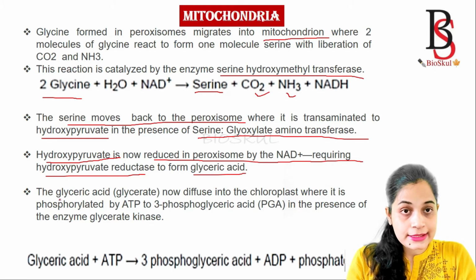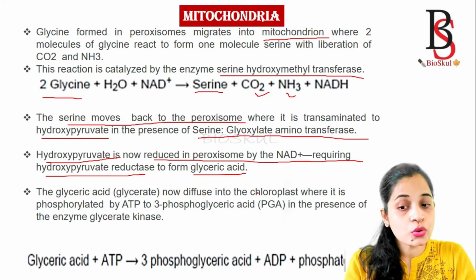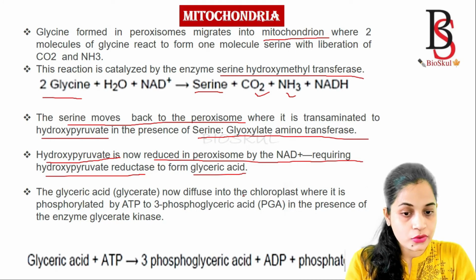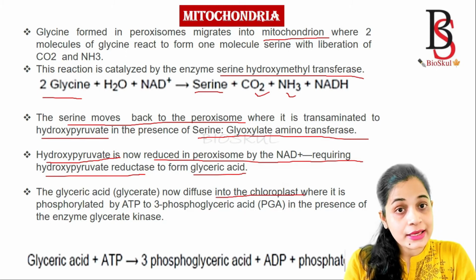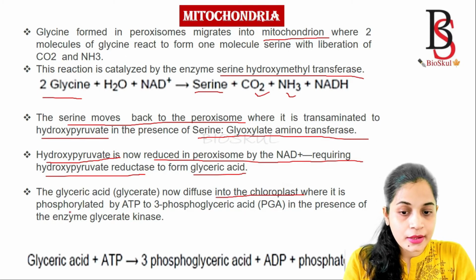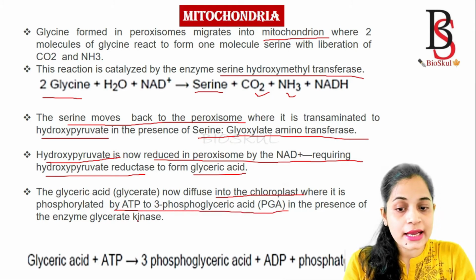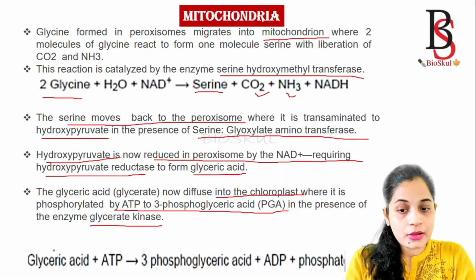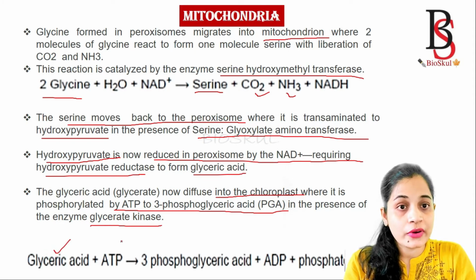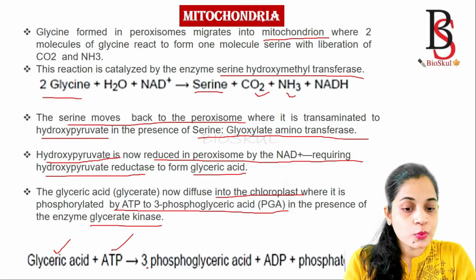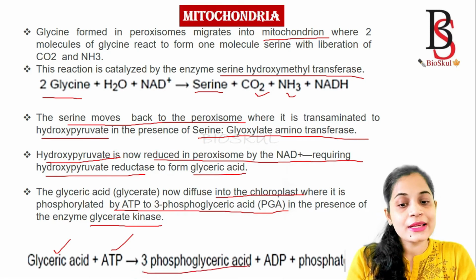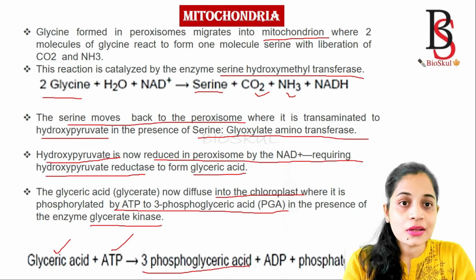The glyceric acid will then diffuse into the chloroplast, where it is phosphorylated by ATP to 3-phosphoglyceric acid in the presence of the enzyme glycerate kinase. So here ATP is consumed to form 3-phosphoglyceric acid, and now this 3-phosphoglyceric acid will enter into the Calvin cycle.